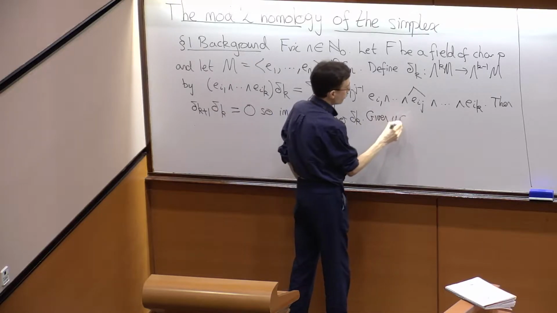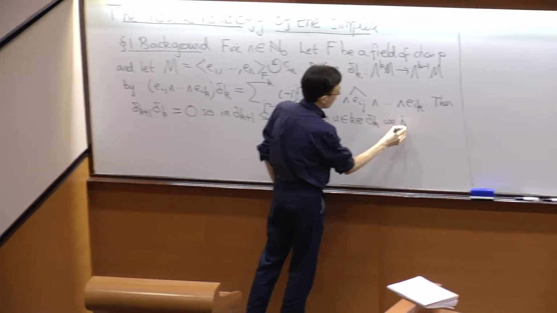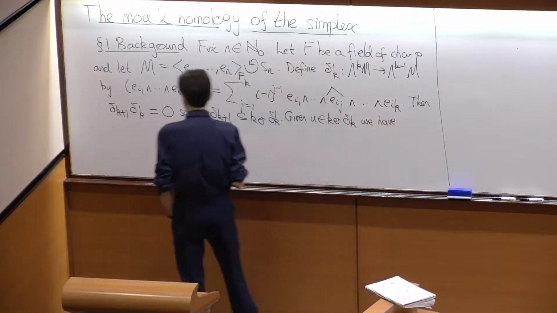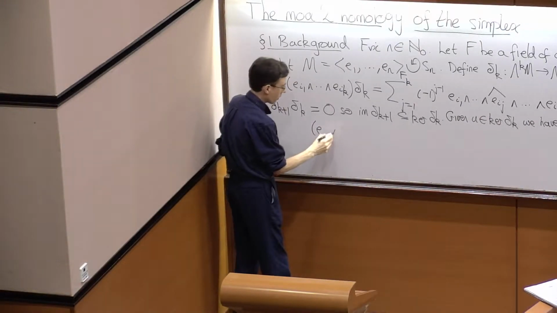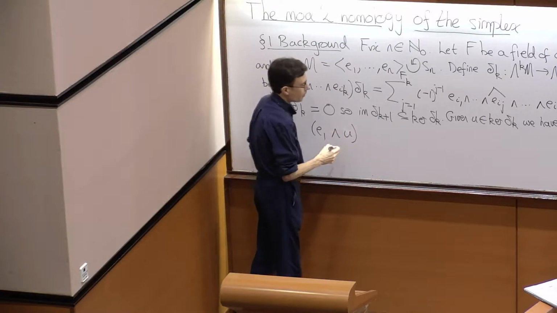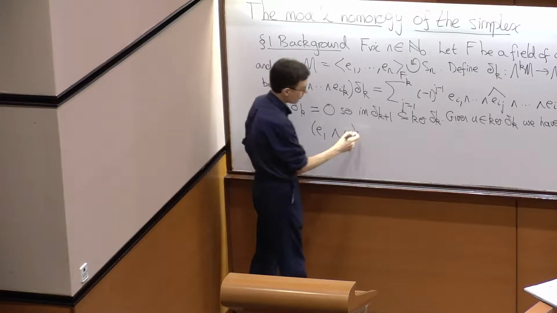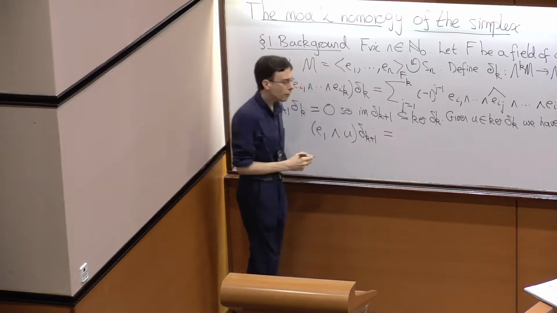So given some u in the kernel of delta k, there's this little calculation, a sort of form of suspension. I'll come back to that. So you take e1 wedge u, which is now gone up 1 degree, so it's something to which I can apply delta k plus 1.